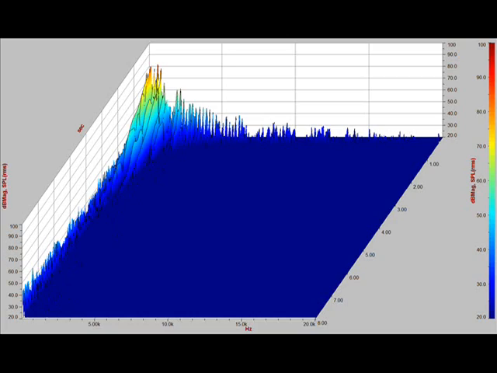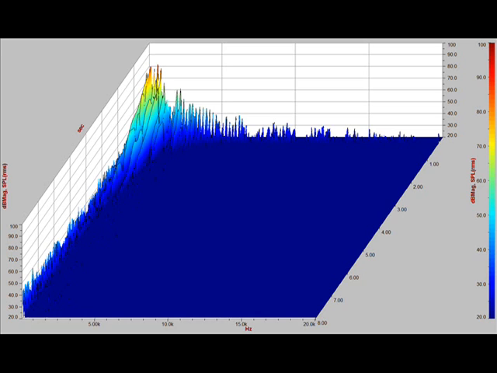The graph you're looking at is a waterfall graph of the minstrel banjo being plucked. The horizontal axis is frequency in hertz. The vertical axis is sound pressure level in decibels, and the axis coming towards you is time in seconds.